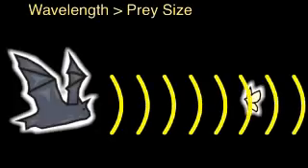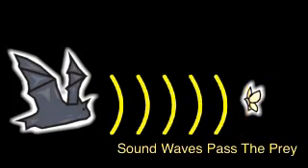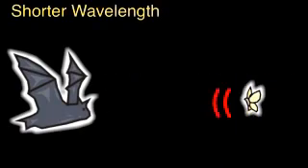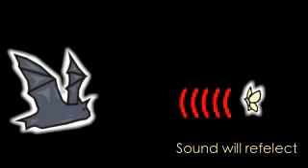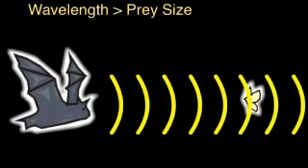Also, keep in mind that bats usually emit a sound wave with a wavelength similar to the size of their prey in order to give a more efficient reflective wave. Let's say a bat is trying to look for a butterfly and it gives a wave that's bigger in length compared to the butterfly. Relatively speaking, it's almost as if the wave is passing through the butterfly, so it's not going to be reflected back towards the bat efficiently.